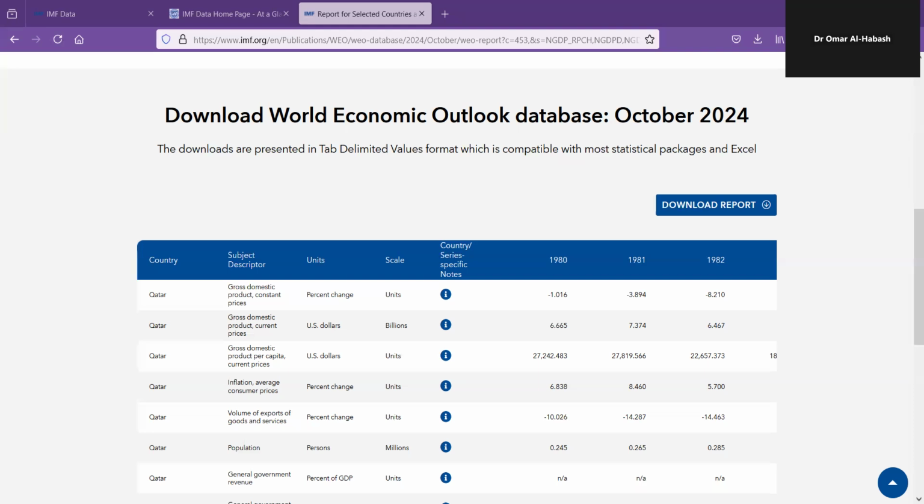Also, we've got a reduction in 2020, also 2021, and then we see a surge of 6.5. We see also a reduction here.